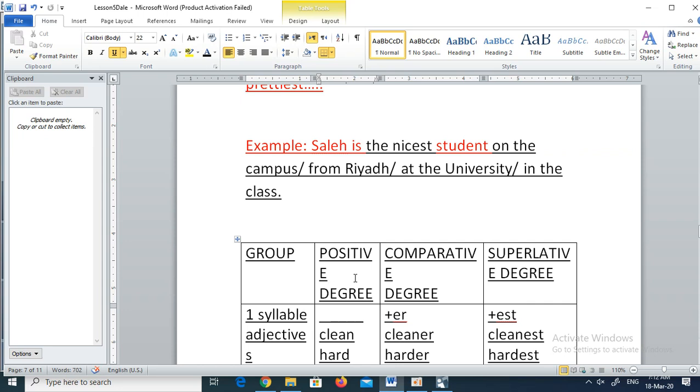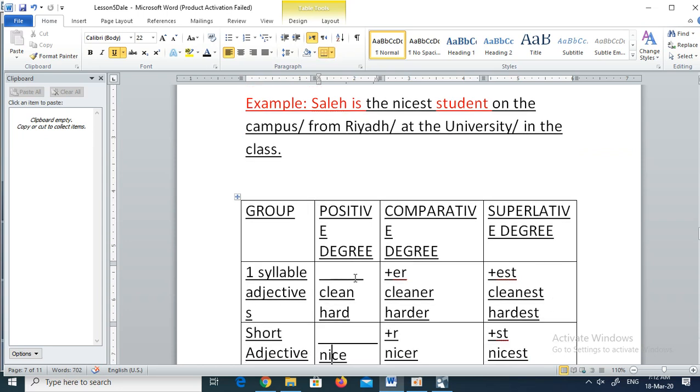Okay, for an ordinary one-syllable adjective like clean or hard, we add ER to the end to make the comparative degree, and we add EST to the end to make the superlative degree.